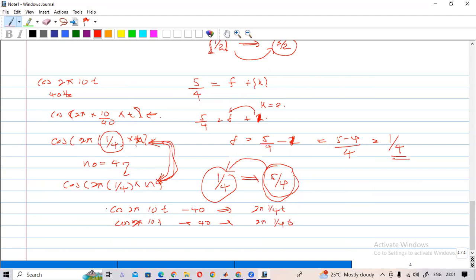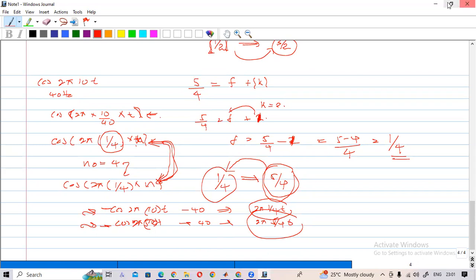So you can see that in this case and in this case, you get the same normalized frequency. But the continuous time frequency is different. Here it is 50, different. But you will have the same frequency. So this frequency and this frequency will be aliasing if we are using this sampling frequency. So that is the idea.